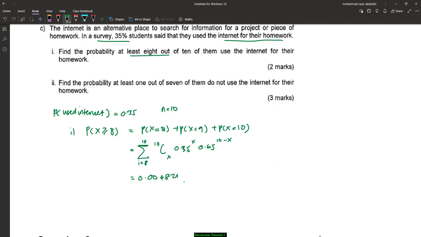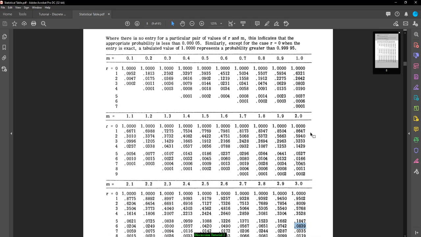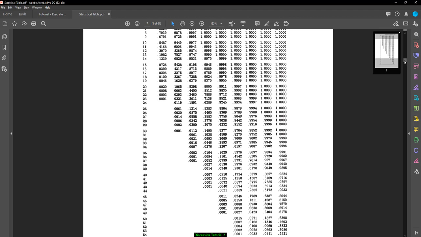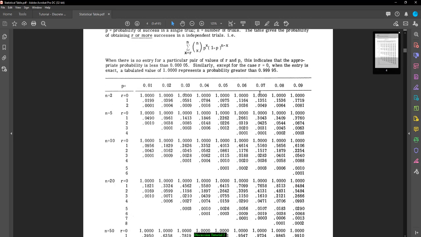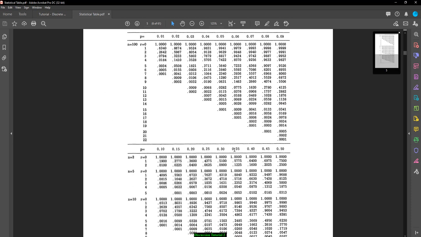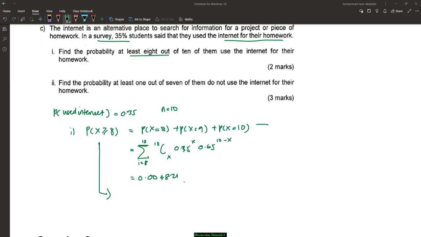So you can confirm this result in your statistical table. From the statistical table, we can look in the binomial distribution, right? So P is 0.35, so 0.35 is here. Our n is equal to how much? n is equal to 10.